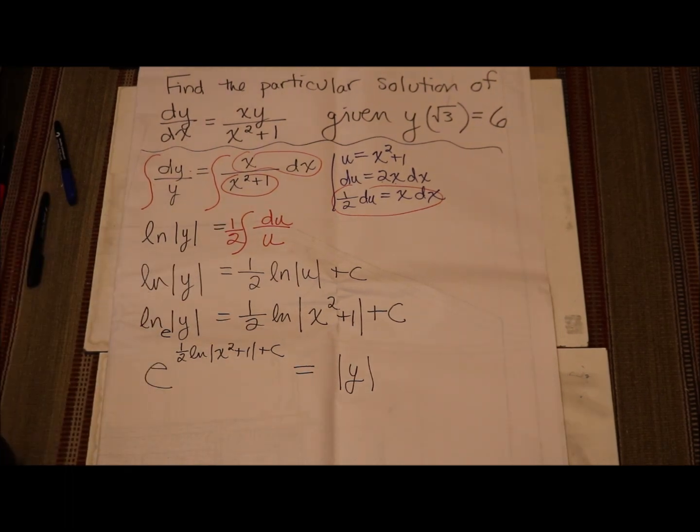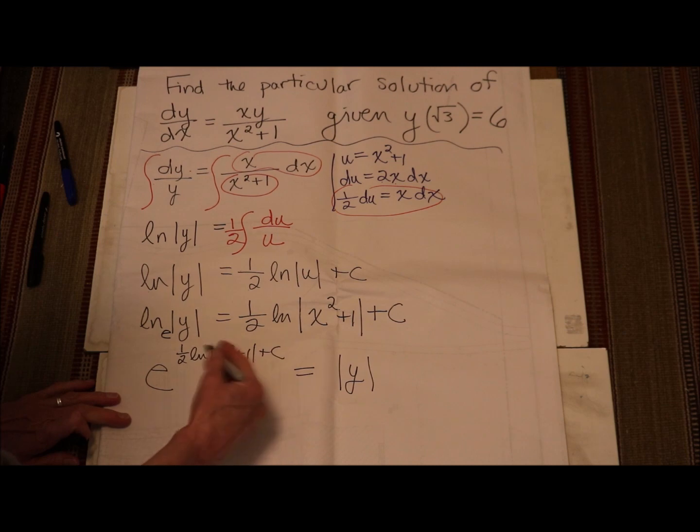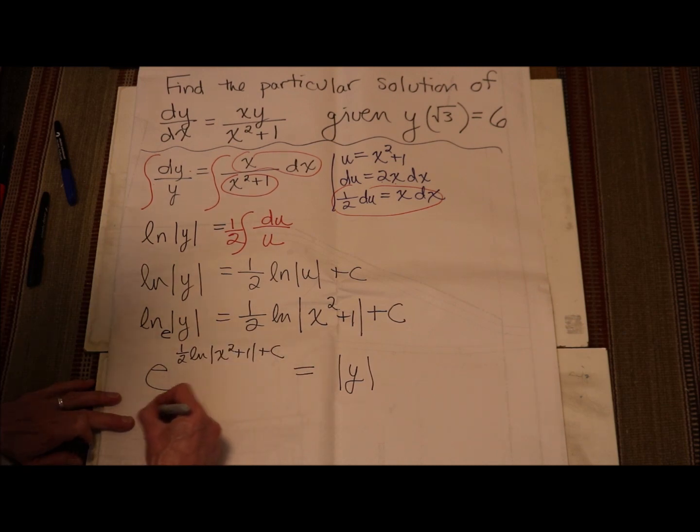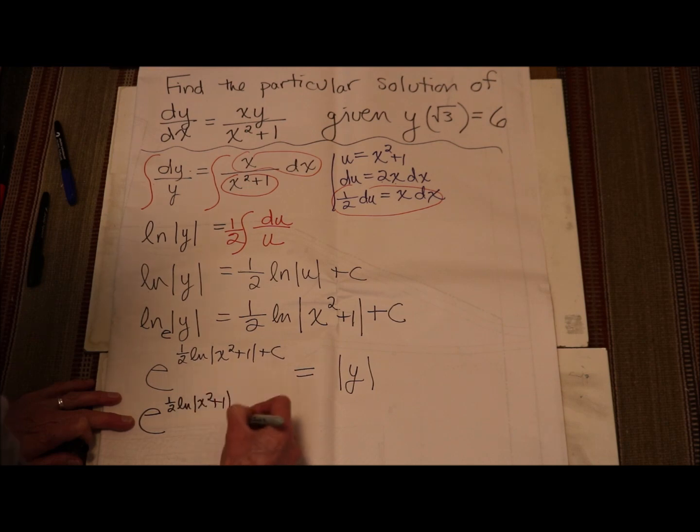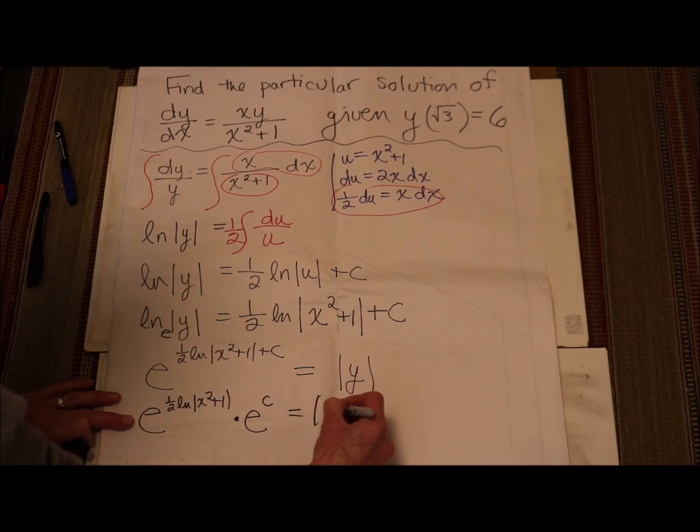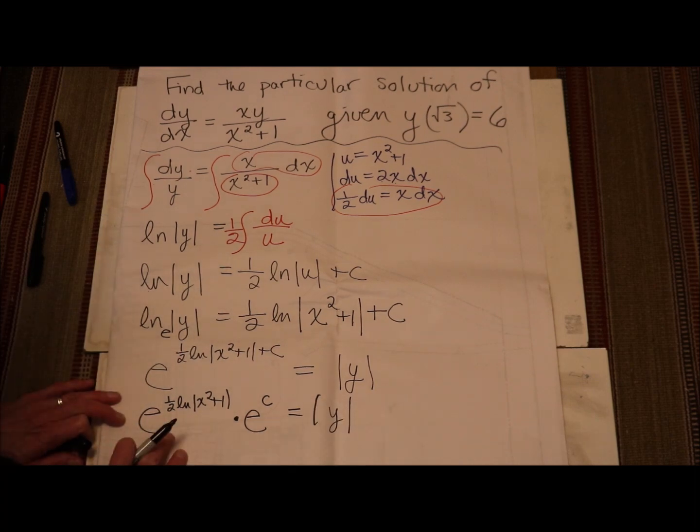Let's keep going. We know that in this situation we tend to separate. I've talked about this before. I'm going to rewrite this as e to this times e to the c. We've talked about this before, right? When the bases are the same, you would be adding the exponents.